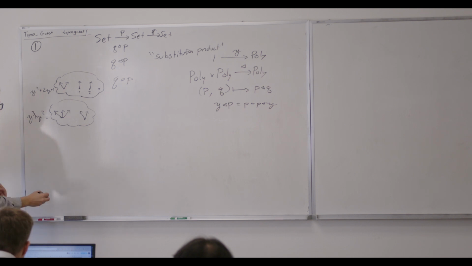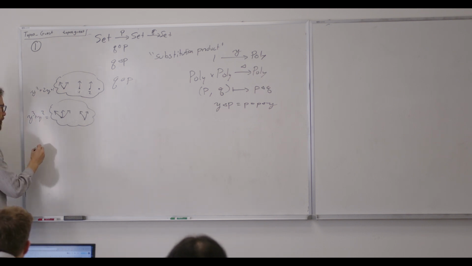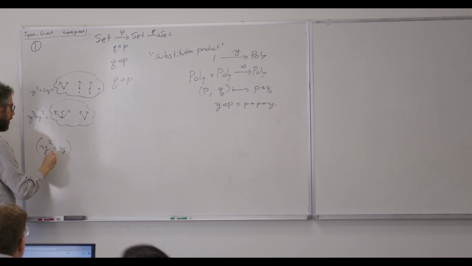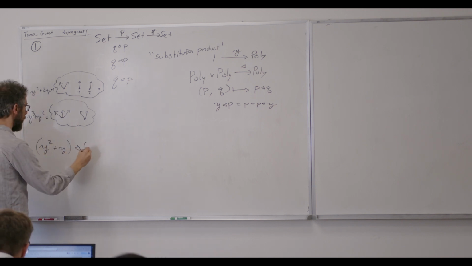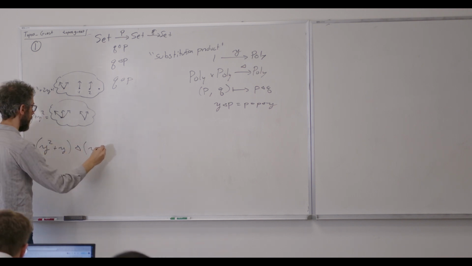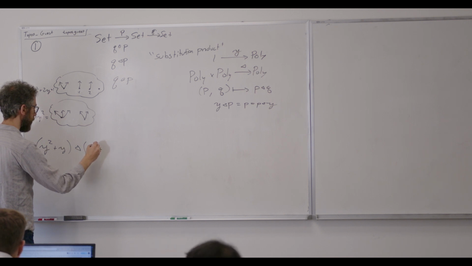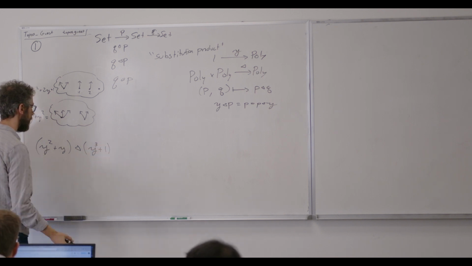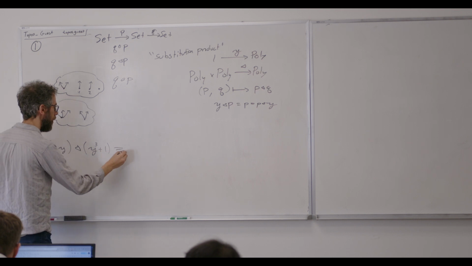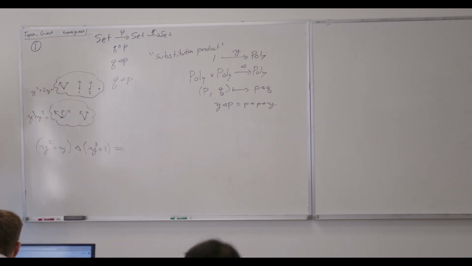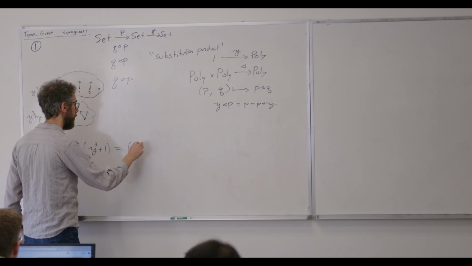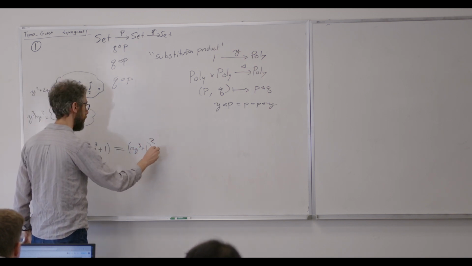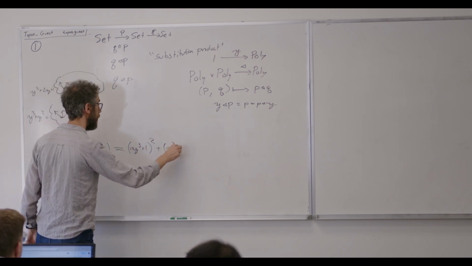So when you try to compute, let's do y squared plus y composed with y cubed plus 1. In polynomial arithmetic, what you do is you just plug this in for y. So it's y cubed plus 1 squared plus y cubed plus 1.